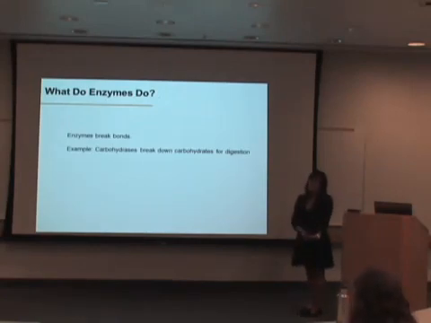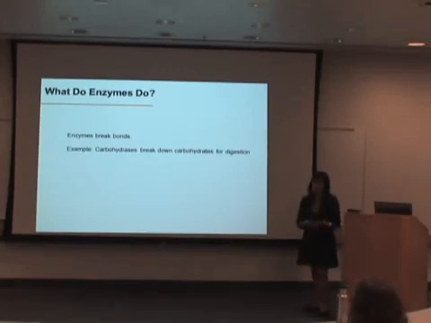So what do enzymes do? Enzymes break bonds. So an example is carbohydrases, which break down carbohydrates into more simple molecules for your digestive system. So that's the idea here. You get hamburger grease on your clothes and it breaks it down into smaller parts that can be washed away.